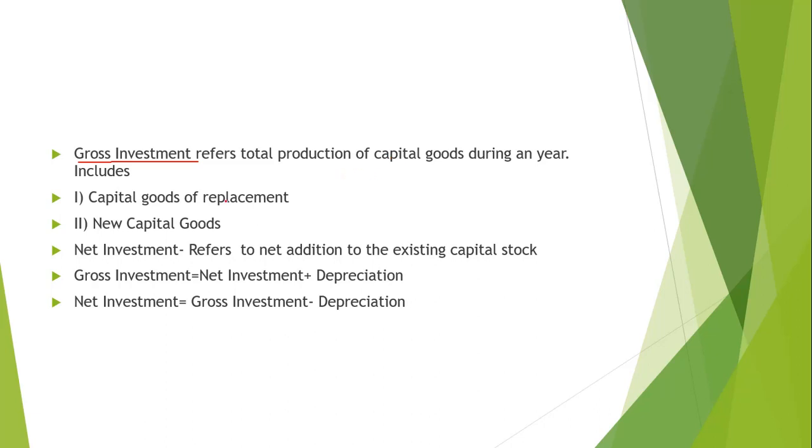Production of capital goods during a year is known as gross investment, and gross investment includes capital goods used for replacement of worn out goods and new capital goods which will be used for addition to the present stock of goods.